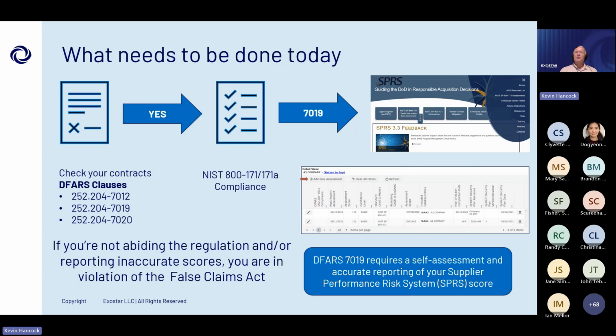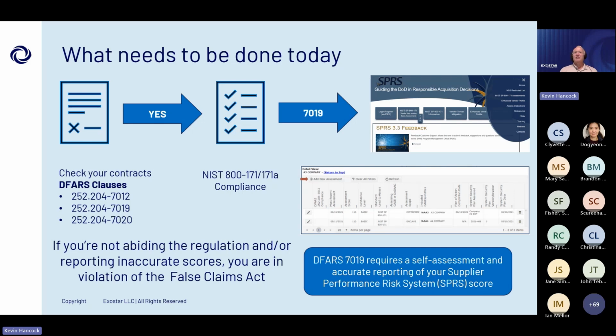7019 requires you to do that self-assessment in accordance with NIST 800-171A. That's the assessment guide for the 110 controls of NIST 800-171. It provides you a scoring system for each of those controls, whether or not you've implemented that control, what good implementation actually looks like, and then allows you to score yourself on that scale of 1, 3, or 5 points.